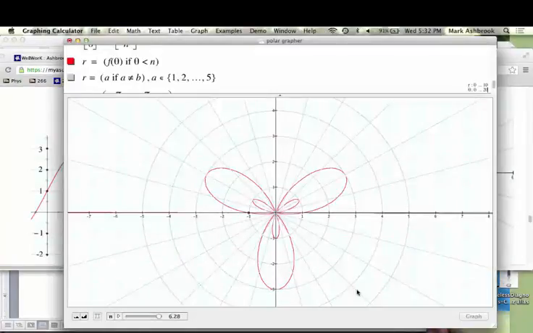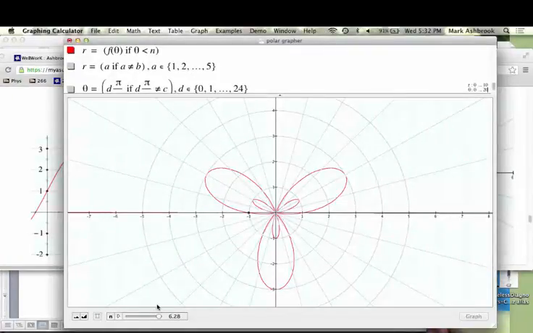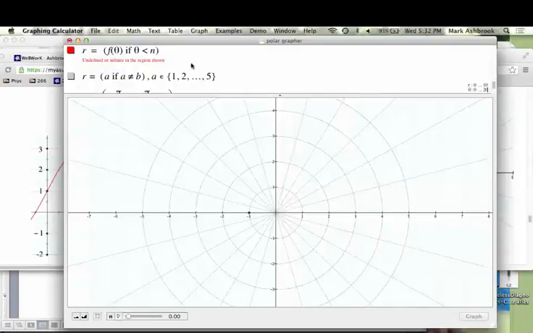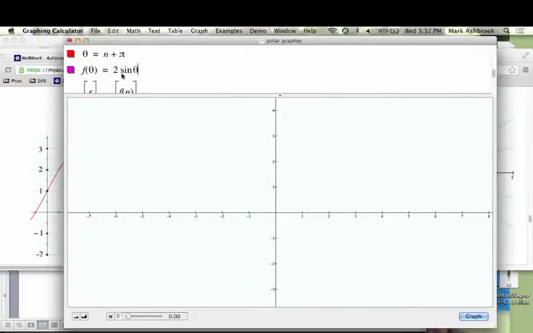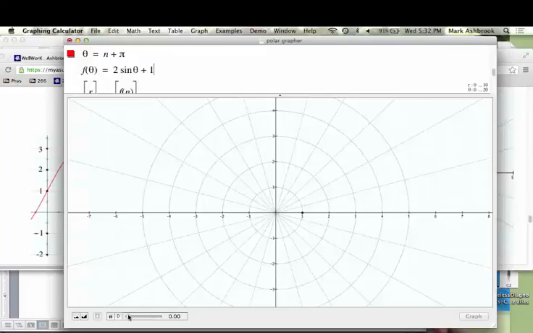Okay, let's do a pretty one on the grapher here. So it was 2 cosine theta plus 1? 2 sine. 2 sine theta plus 1. Okay, here we go. So there's our first quadrant, and then our second quadrant, and then our third quadrant makes that loop to there, and then there it is.